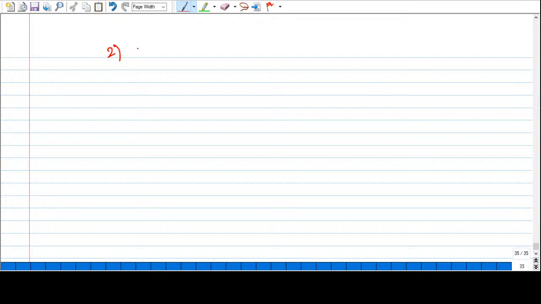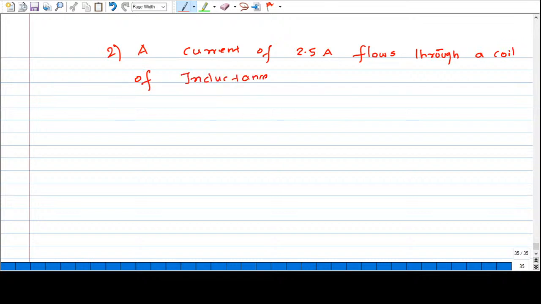A current of 2.5 ampere flows through a coil of inductance 5 Henry.